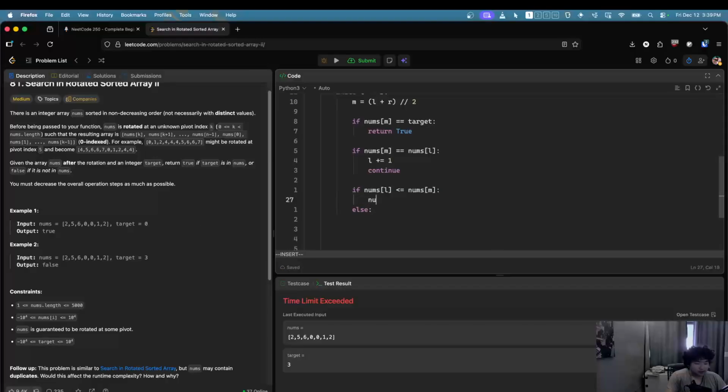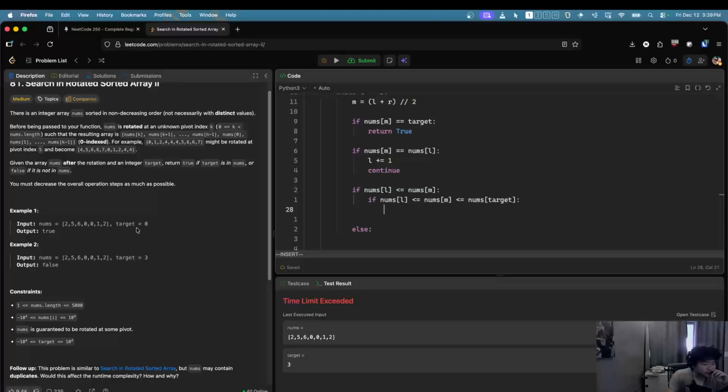So if you're in the middle of an ascending array, so if nums of L is less than or equal to nums of middle, less than or equal to nums of target, right?